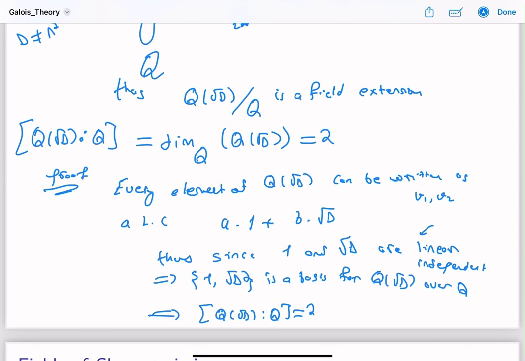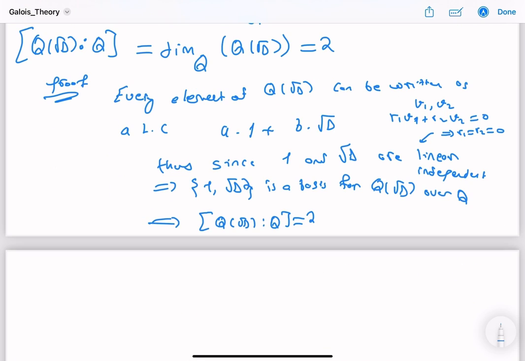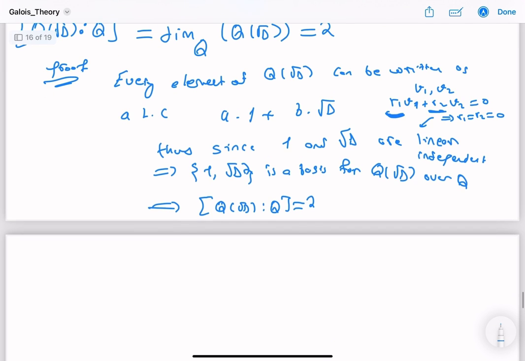These two vectors were said to be linearly independent if you take r1 v1 plus r2 v2 equals 0, this should imply that r1 equals r2 equals 0. This is the definition of what linear independence is. But who were r1 and r2? Who were these?